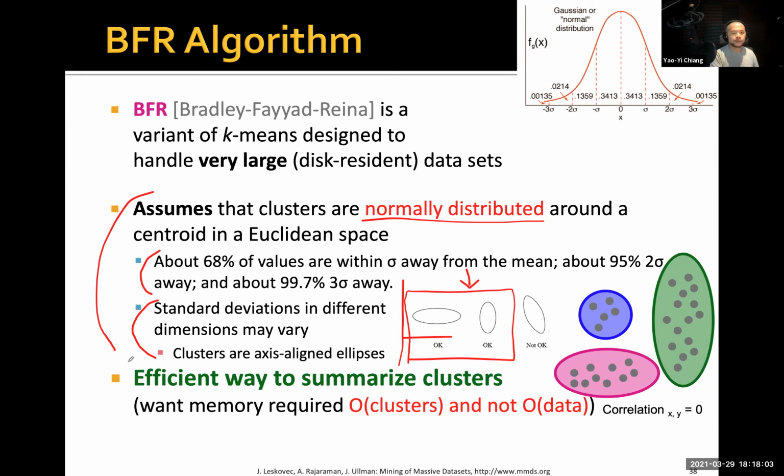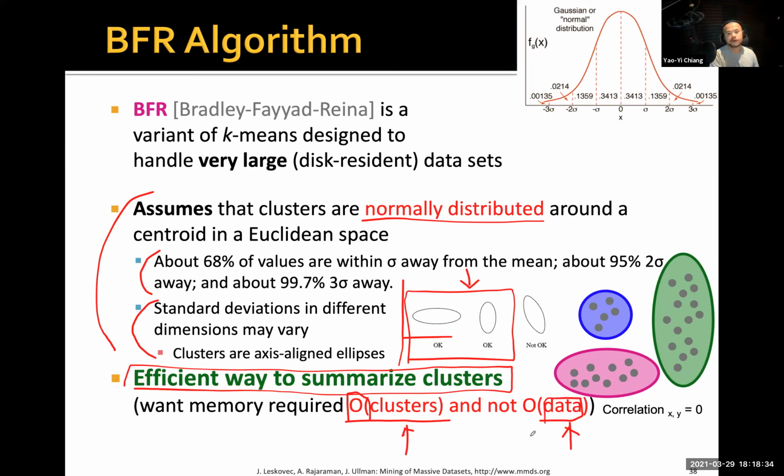All right. So BFR algorithm is an efficient way to summarize clusters in memory so that we can process large data set for clustering very efficiently. And here we are requiring memory space in the scale of the number of clusters. This big O notation is your algorithm course. And we do not want it to be at the scale of your data points, right?